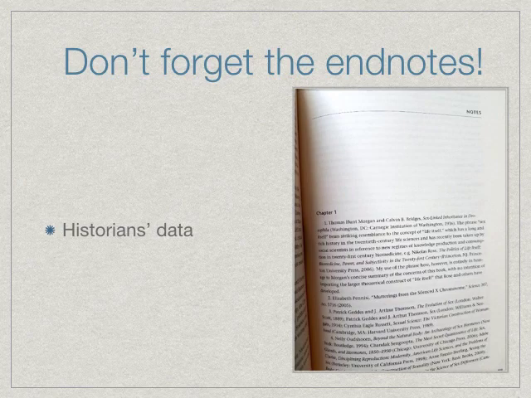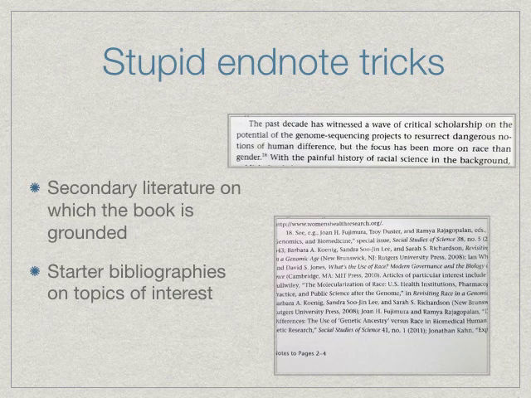We put ours in the end notes. And so you can glean a lot of information out of the endnotes. For example, you can see the secondary literature on which the book is grounded. And sometimes you can even find a starter bibliography if you see a topic that you're particularly interested in mentioned in the body text.